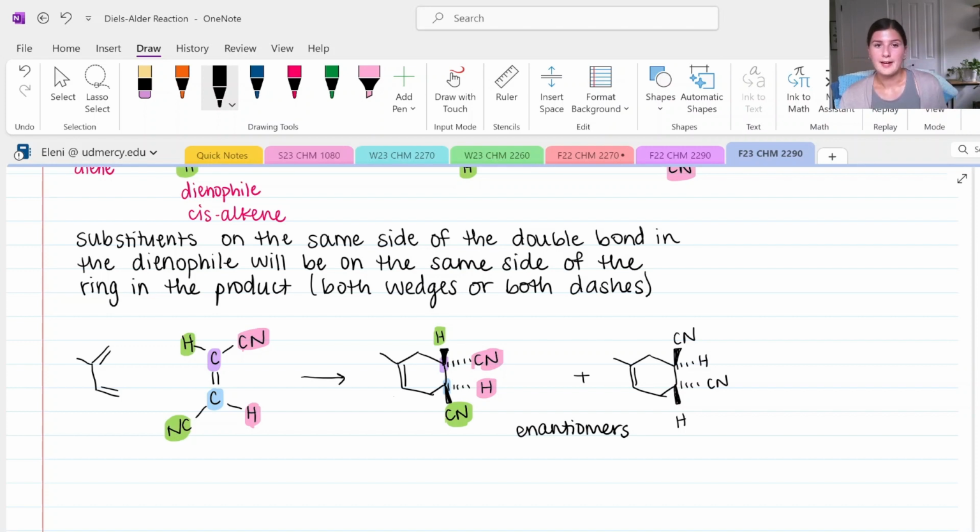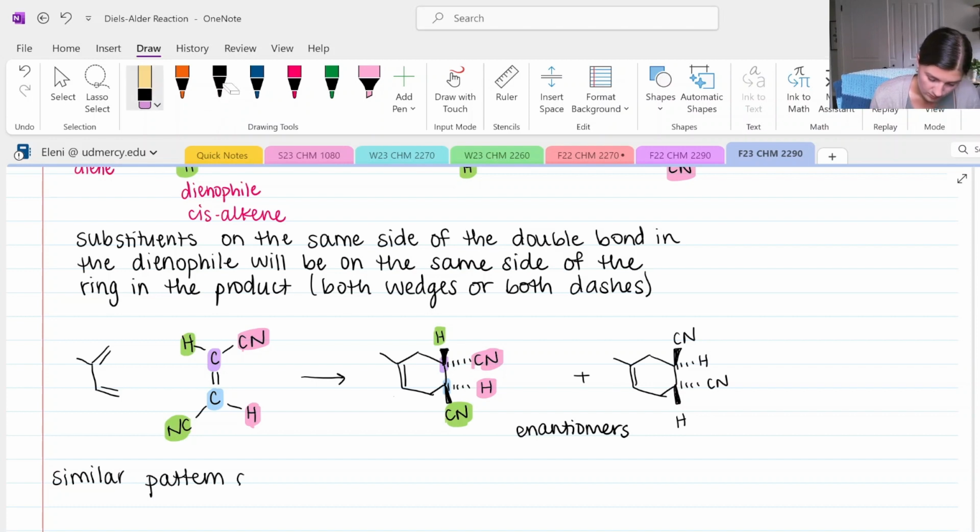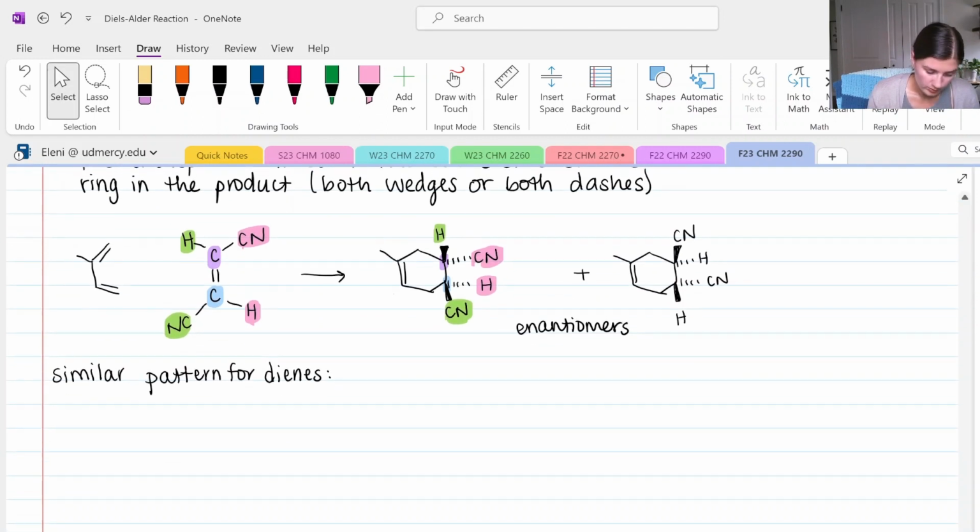We have a similar pattern for the dienes, if carbon 1 or carbon 4 has different groups bonded to it. So we'll just do a generic example here. We have a diene.